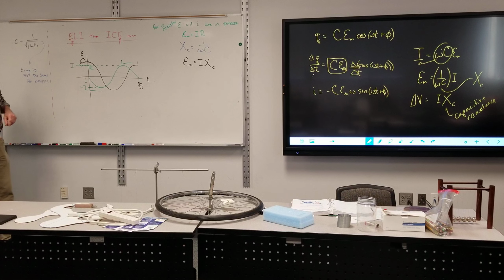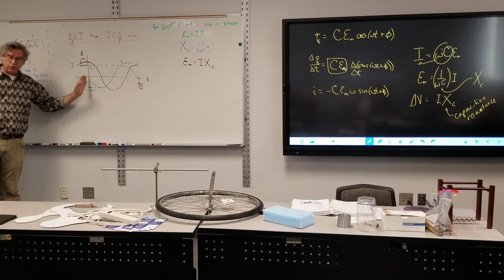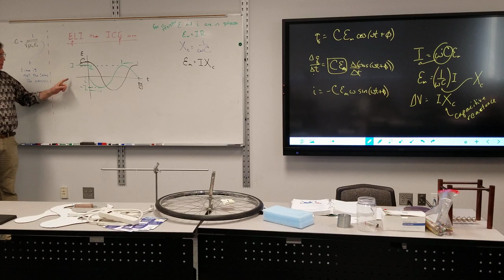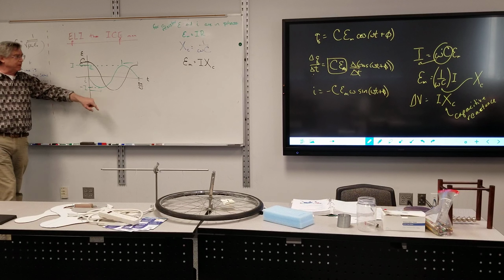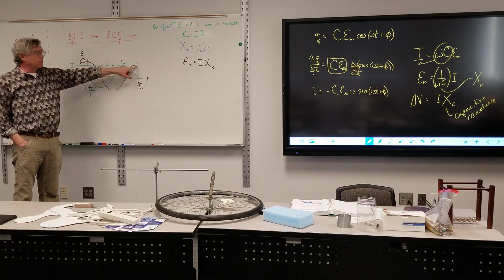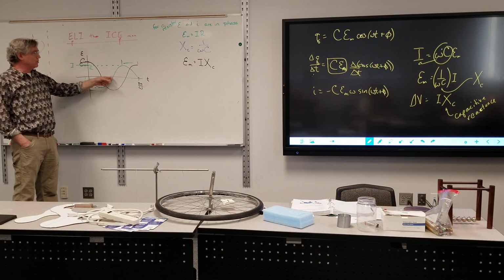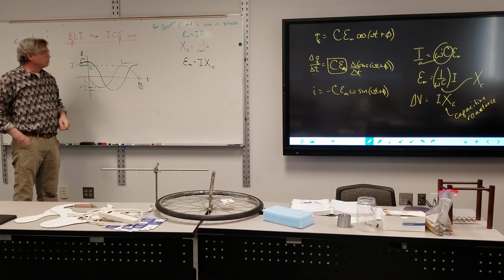So the way this is looking, as you go from 0 onwards in time, current basically leads. Current bottoms out, and then the voltage bottoms out. Current peaks, then the voltage peaks. Current hits 0, then the voltage hits 0.